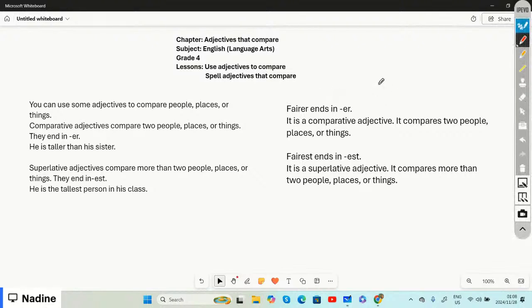And remember, a noun tells us about people, places, and things. So if an adjective describes more about the noun, then we can use adjectives to compare people, places, things, and animals.